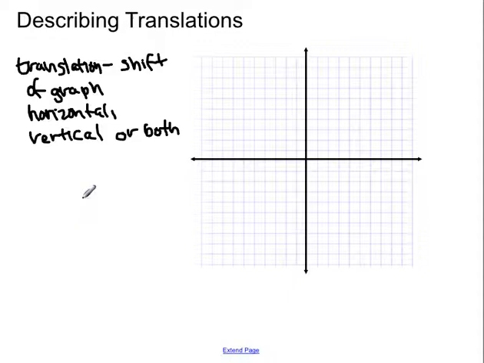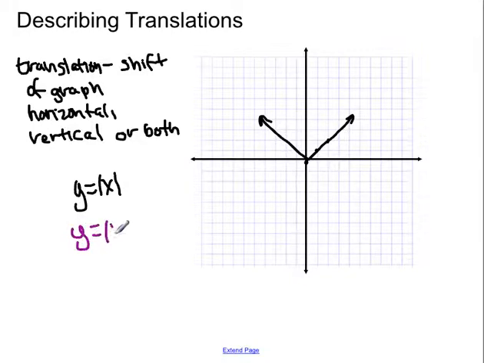Okay, so if I started off with the y equals the absolute value of x graph, okay, from the last video we knew an absolute value graph looks like this. Okay, so now let's take this same graph and say y is equal to the absolute value of x minus 2. Okay, so that's going to take all these points and I'm going to go down 2 with it.